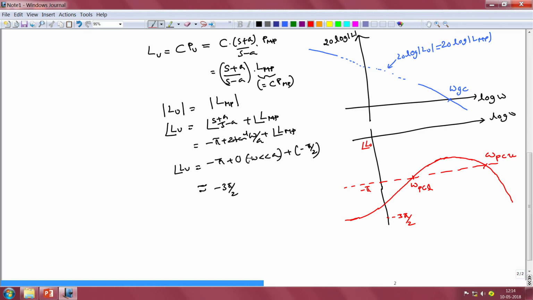We have one phase crossover frequency which happens because of the increasing phase of the Blaschke product as a function of frequency, and that is omega PCL, and we have another phase crossover frequency that happens because of the phase lag contributed by the other minimum phase terms in the loop gain, namely those of the plant and the controller, and that we have called omega PCU.